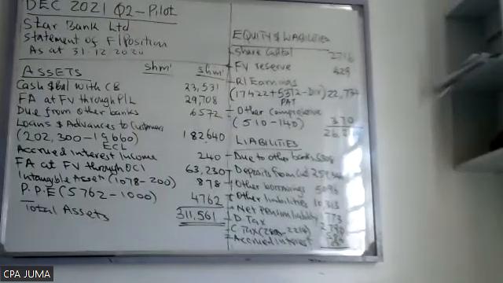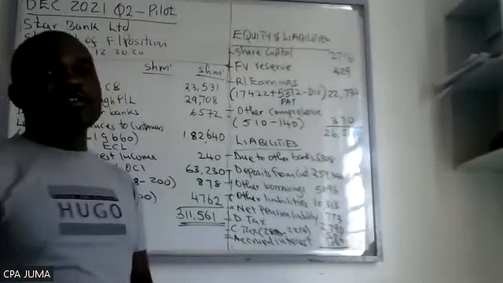Can you try to add so that we can be able to see? Add for me all the liabilities.